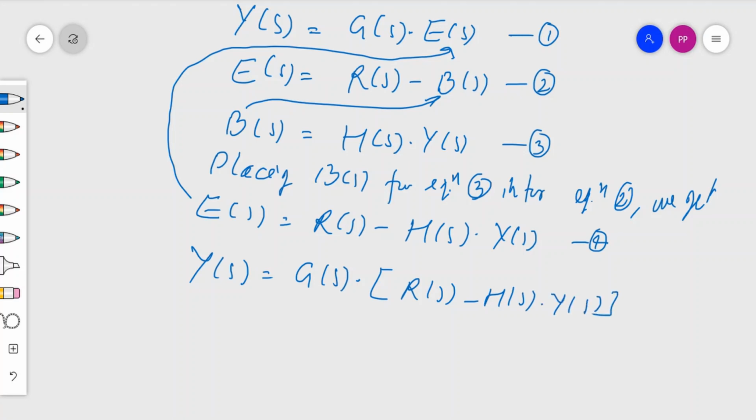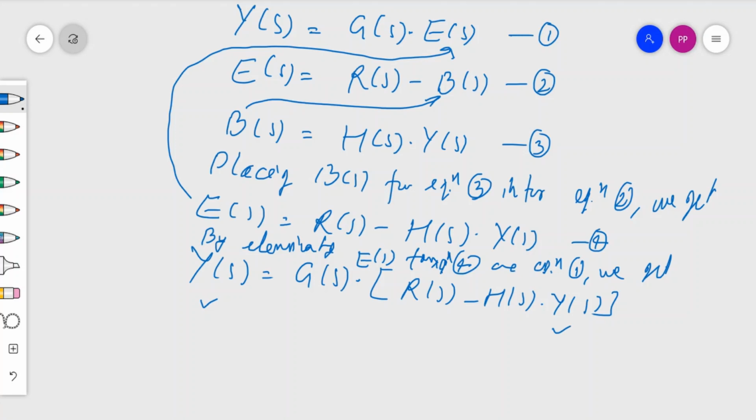So you have to write here that by eliminating E(s) from equation 4 and equation 1, we get this one. You see that Y(s) is coming two times.